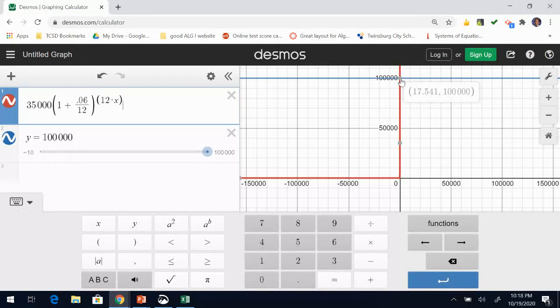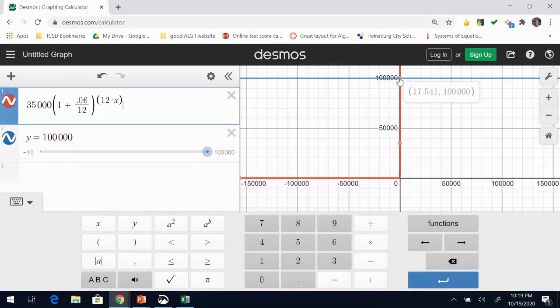So this is, I think, a skill that we all need to work on, understanding what the x value means and what the y value means. Well, if you look down here, y means what? 100,000. That's your money. So what is the x value? The x value is the amount of time, because remember, I just took this 10 out before, and I made it an x because I don't know that amount yet.